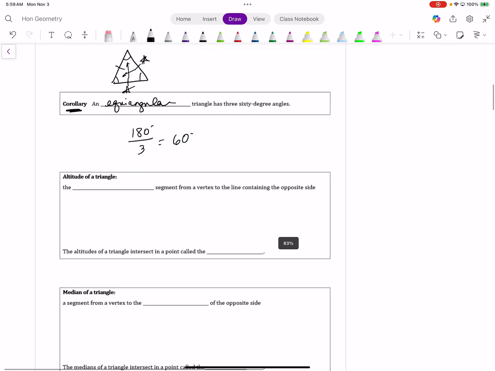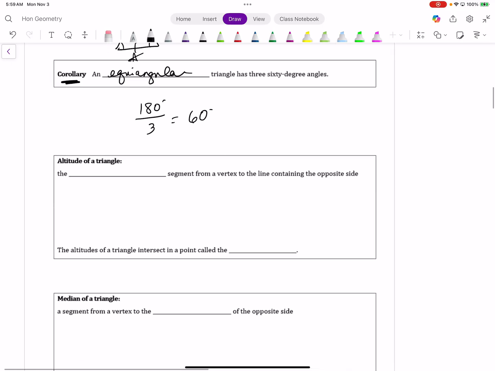Okay. Now, this is vocabulary. The altitude of a triangle is the perpendicular segment from a vertex to the line contained in the opposite side. Okay, so let's say you draw just some random triangle.